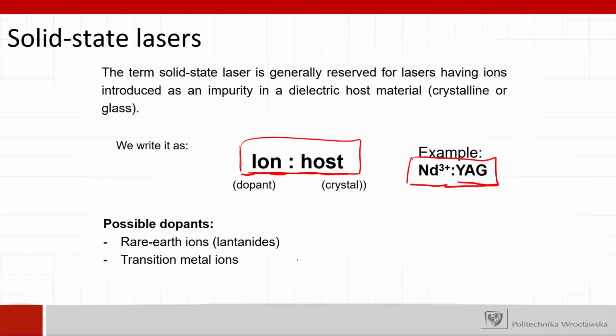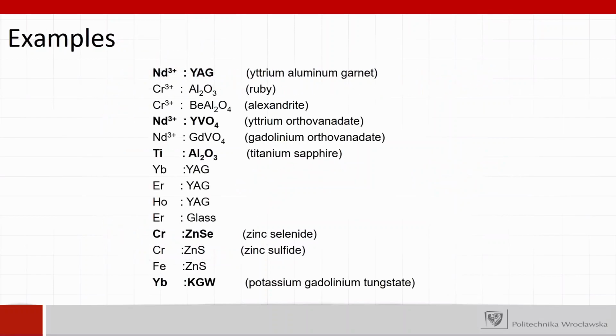These dopants might be either lanthanides, which are so-called rare earth ions, or also transition metal ions. So this might be any ion that has the possibility to absorb light, has proper transitions, and can emit light.